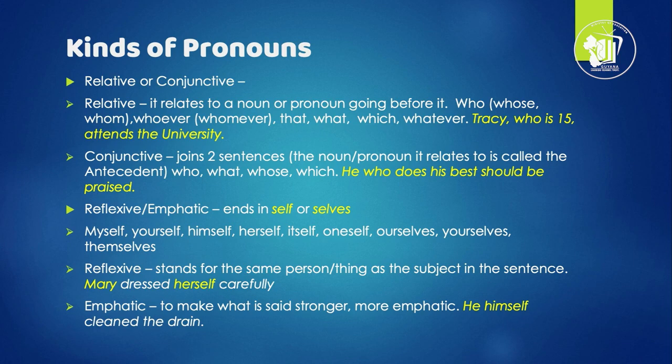Reflective stands for the same person or thing as the subject in the sentence. Mary dressed herself carefully. Emphatic is to make what is said stronger or more emphatic. So we have, he himself cleaned the drain.